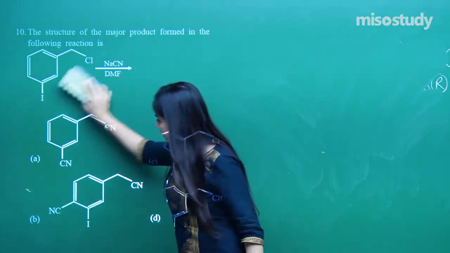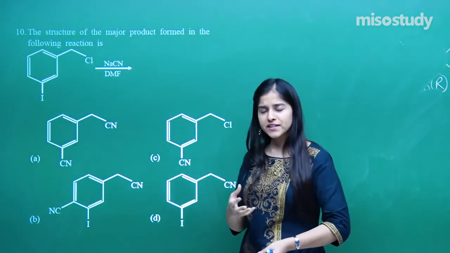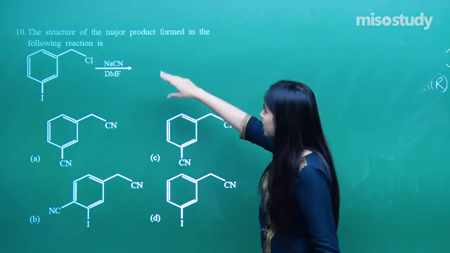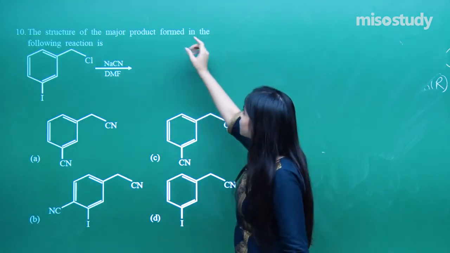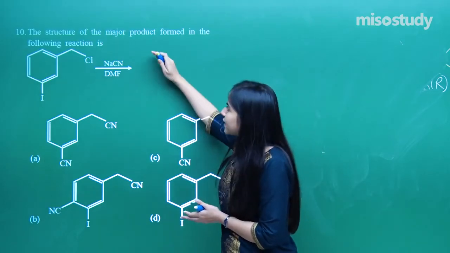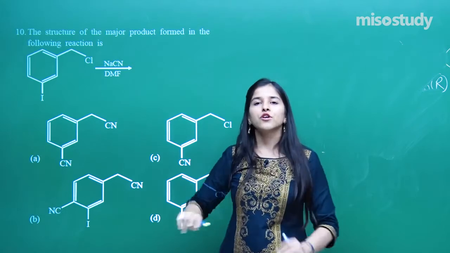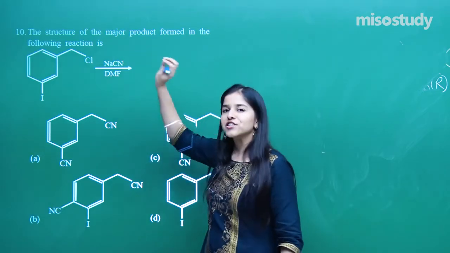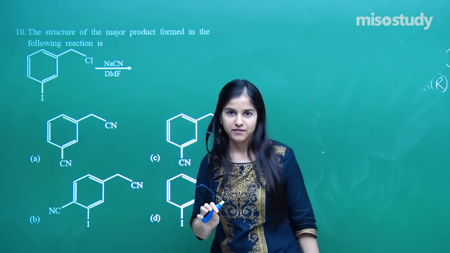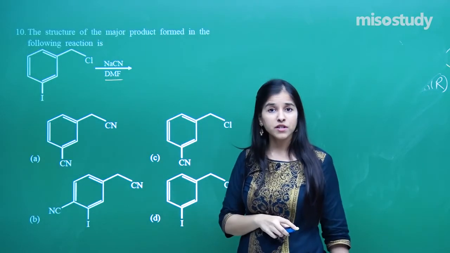Now it again seems to be a difficult one, but let us just observe whether it is a simpler one or a difficult one. The structure of the major product formed in the following reaction is what? So I need to have the product over here. Just merely by looking at the reagents, you can judge what the answer is. The reagent, if you see, is DMF. DMF is what?